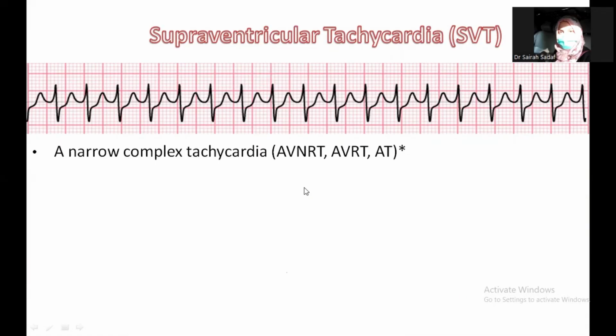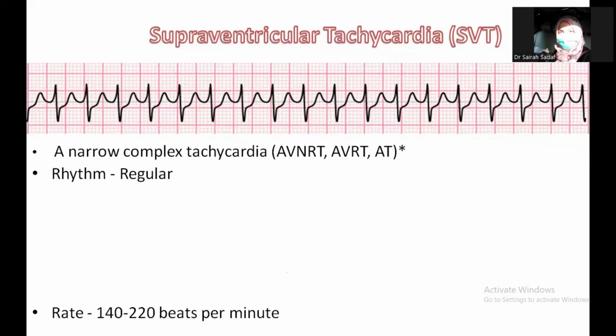About supraventricular tachycardia, these are narrow complex tachycardias, and these are usually regular in rhythm. There are different types: AVNRT, AVRT, AT. I will show you what these are. So the rhythm is regular, as I have already mentioned. Complexes will be narrow.